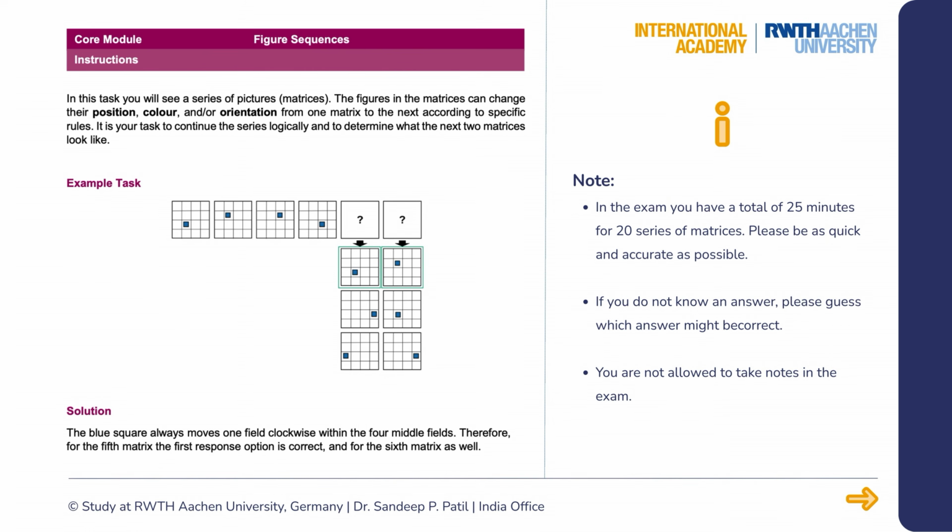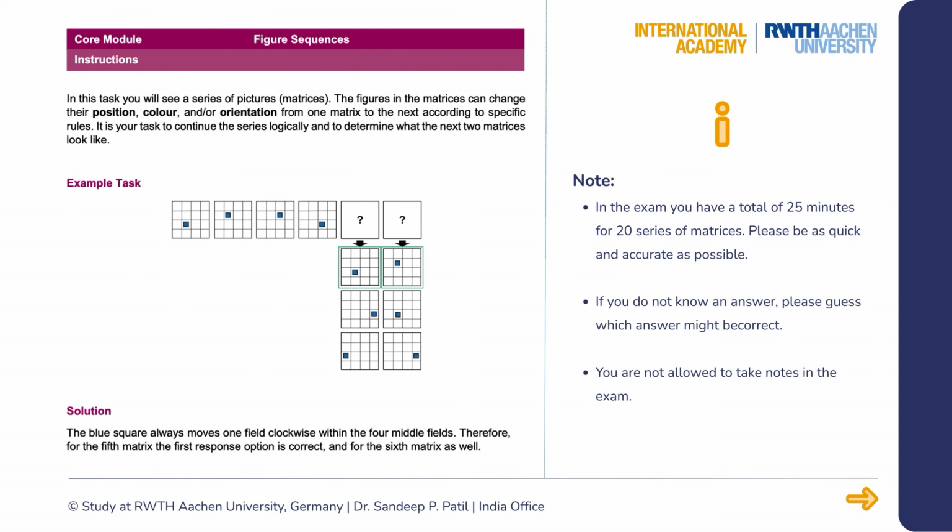So we can obviously assume that this blue square is moving in a clockwise direction. So by the clockwise judgment, the next step for this blue square will be coming towards the left box. So obviously this option will be the correct option for the fifth question mark.